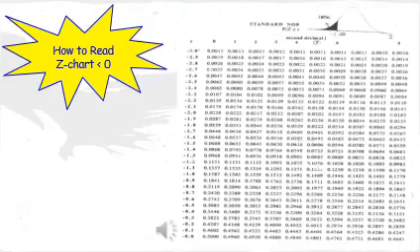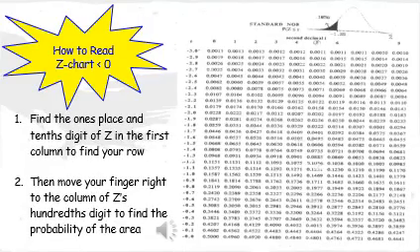In case your z is less than 0, you will have to use the other chart that deals with z's negative numbers. You will still have to start with your finger on the left side in the ones place and the tenths place, moving it to the right to z's hundredths place to find the probability.